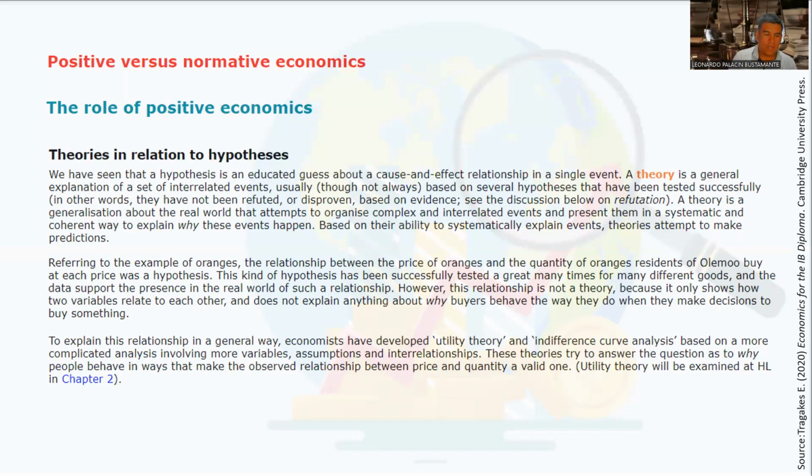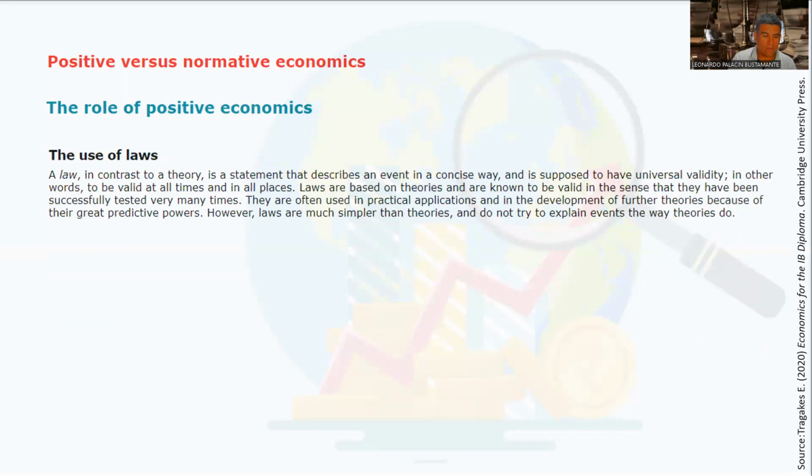Well, the next one is the use of laws. A law, in contrast to a theory, is a statement that describes an event in a concise way, and is supposed to have universal validity. So, in other words, to be valid at all times and in all places. Laws are based on theories that are known to be valid in the sense that they have been successfully tested very many times.